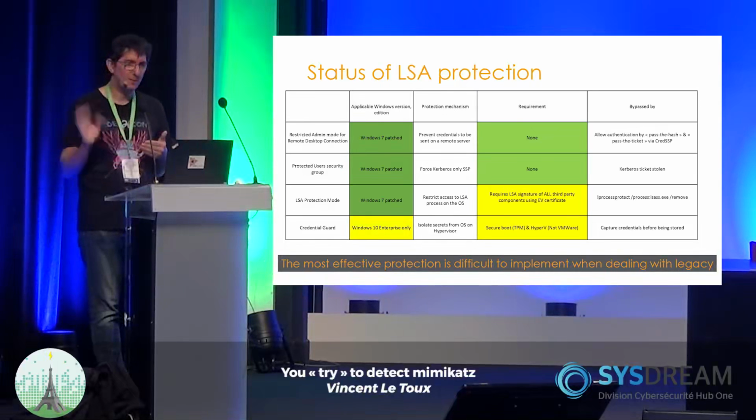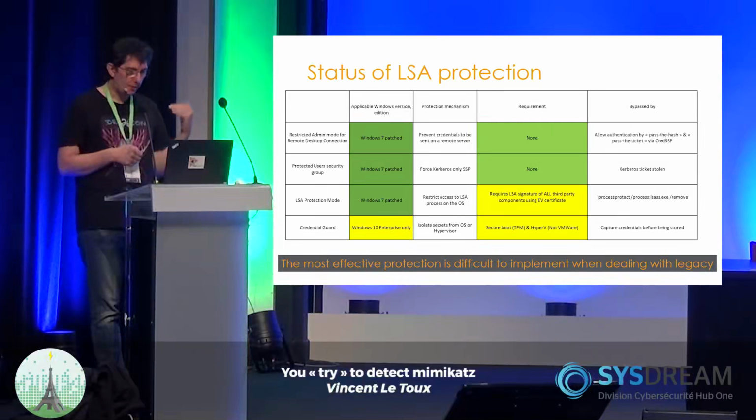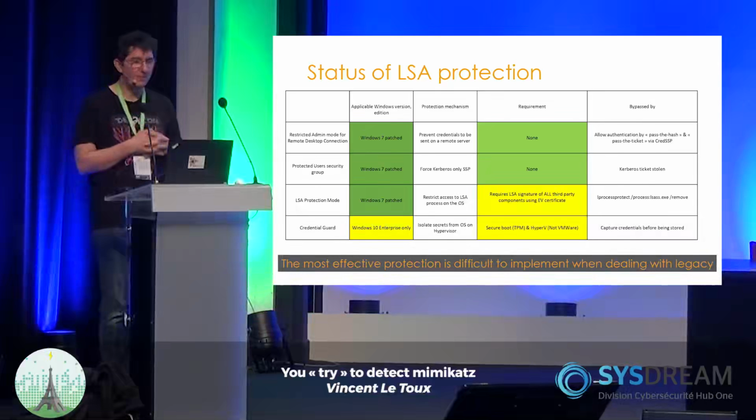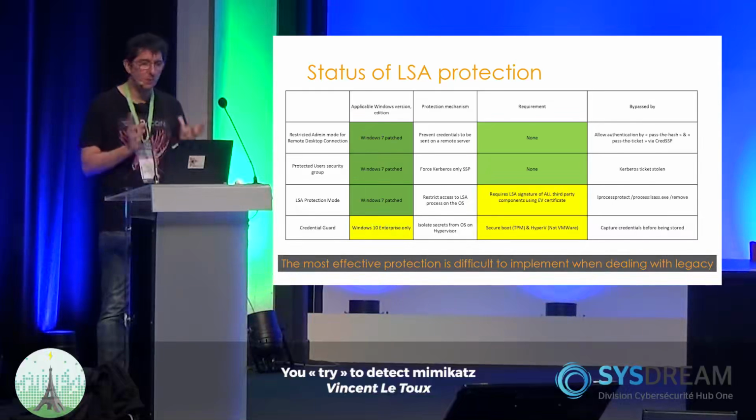It can be bypassed, but not this way. But in terms of requirements, you need to have secure boot. You need to enable virtualization, so you cannot use VMware, and you need to have an Enterprise version, so it's difficult. So the most effective way to not block but to decrease the efficiency of mimikatz requires so many things.